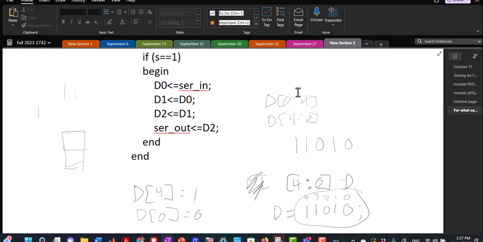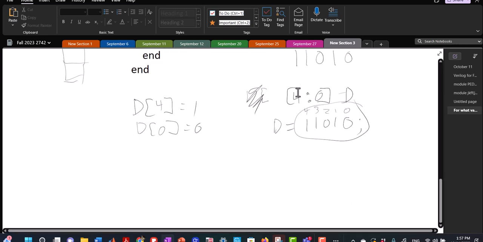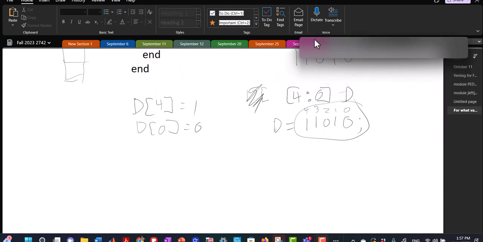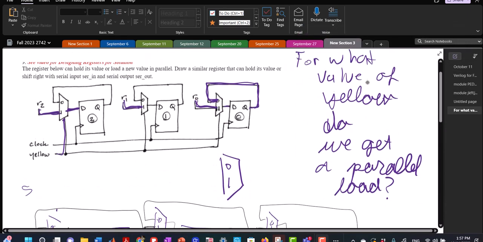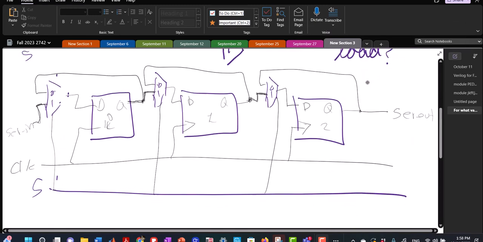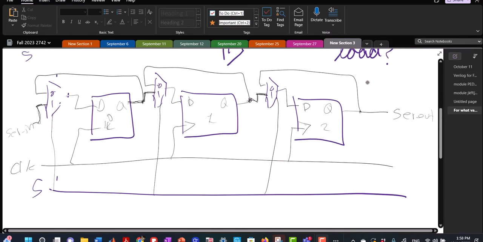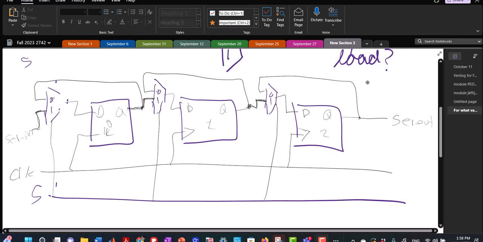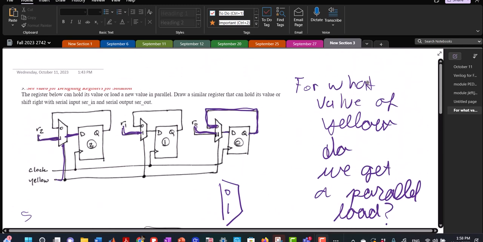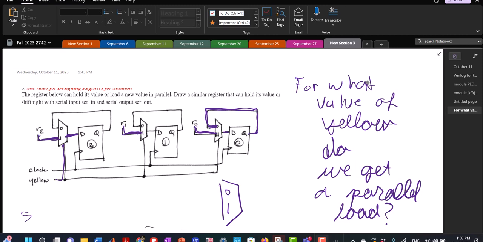Can you scroll up a little bit? Can I take a picture of the actual problem? Yeah, this is from the exam review sheet.